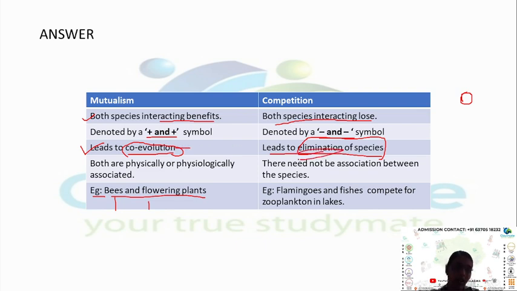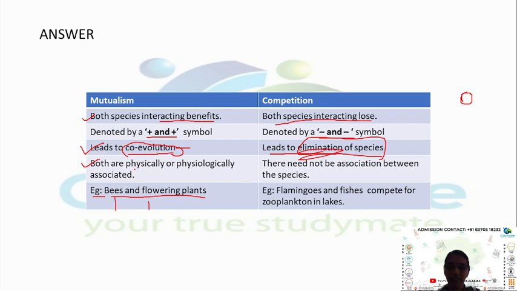So one or the other species which is not fit will get eliminated. The next is whether both are physically or physiologically associated. Take bees and flowering plants for example. They are physically associated. Bees will go and take nectar from the flowers of the flowering plants.